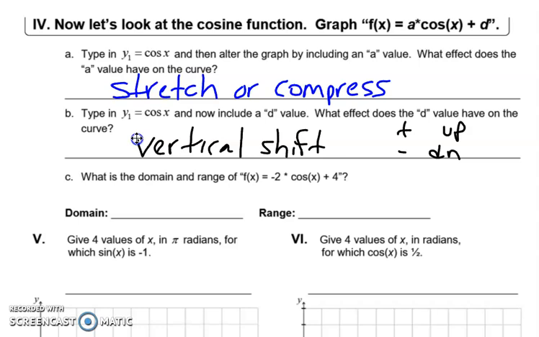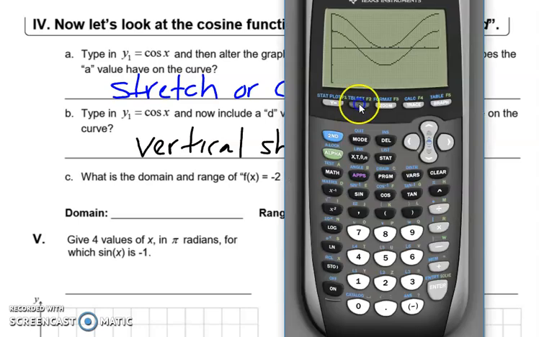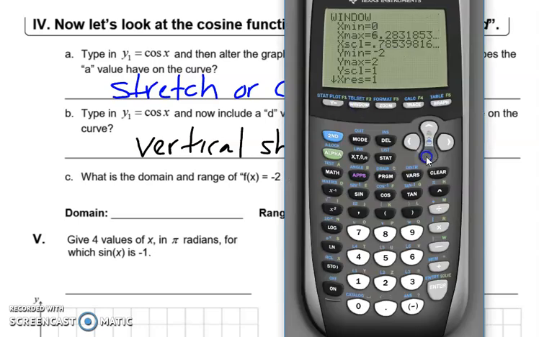So put in -2 cosine of x plus 4, which is going to require you to make some changes to your window. So let's make this -6 to 6, just so that we have enough room. Y equals -2 cosine x plus 4.